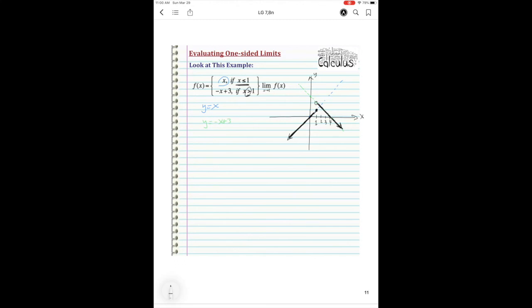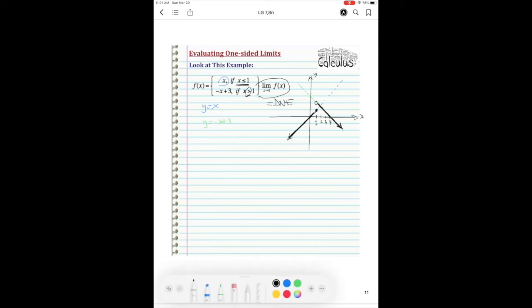All right, so that's what it looks like. Now, if we look at the limit question visually, we can see it's jumping. So the answer is does not exist. Okay? You can visually see it. Now, if we don't want to draw it and just plug and chug, this is what we do.